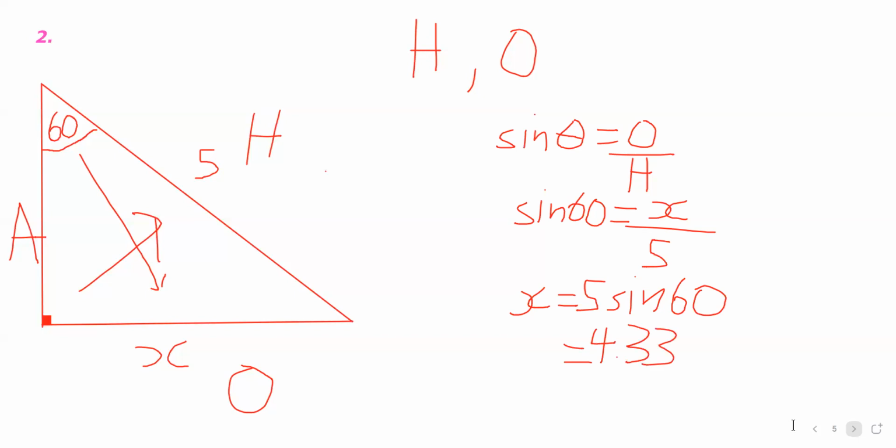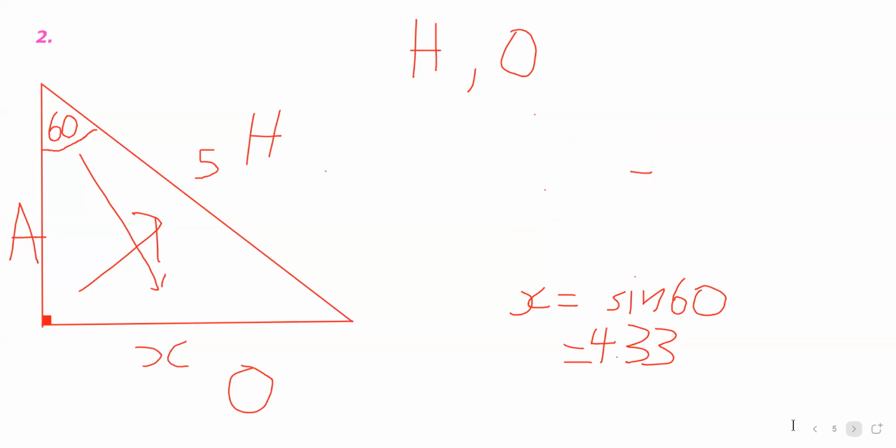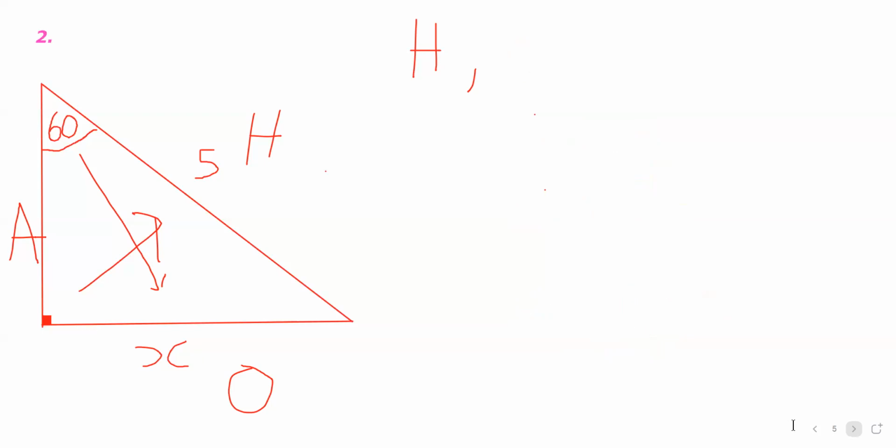But for understanding purposes, instead of solving for O here, let's try to solve for the adjacent and see what we get. Just to see a different trig ratio. In this case, they want us to find A, and H is still 5.